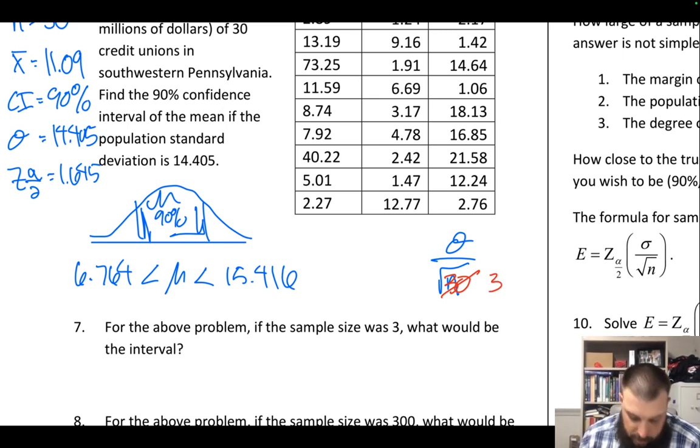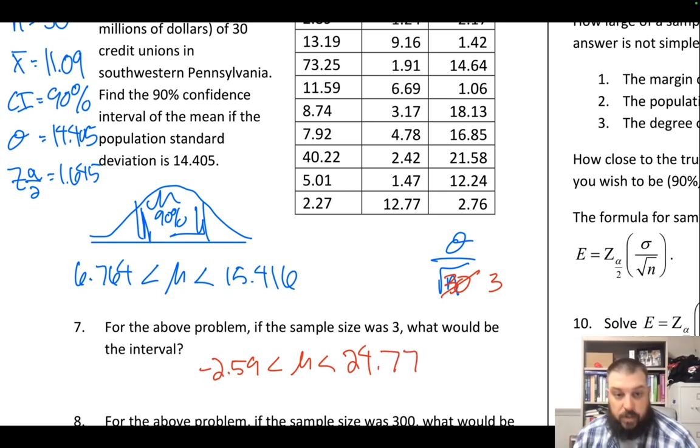So if you have that in your calculator, easy to switch that out, and we end up with negative 2.59 to 24.77. So as we saw when we're playing around with the applet the other day, as we decrease our sample size, it increases our interval. So those are opposites of each other.